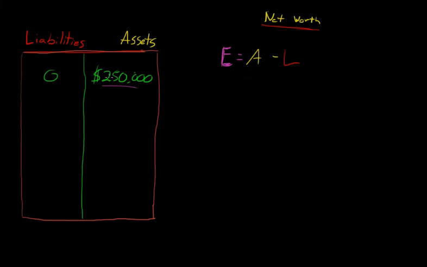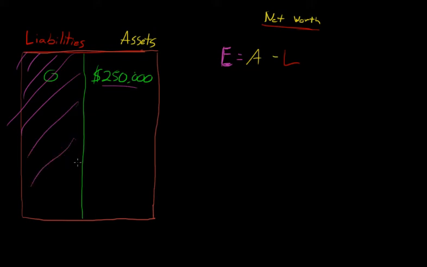So on this example balance sheet, I have my assets of $250,000, and my liabilities are zero. I wrote a big 0 here, but actually this is an equity 0. Sorry. The liabilities are 0, meaning that this entire area is my equity.